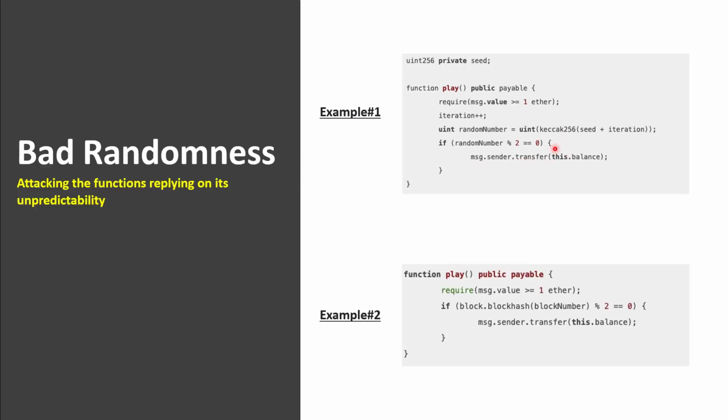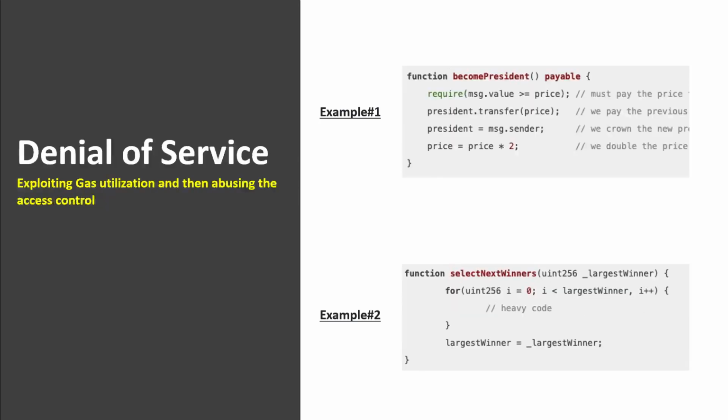In this case, this could be considered a sloppy method for managing the balance. Same thing here, using the block hash and making a transfer of a balance. So contracts should always be looked at. The rules need to be evaluated, and any type of randomness should obviously be scrutinized very closely.